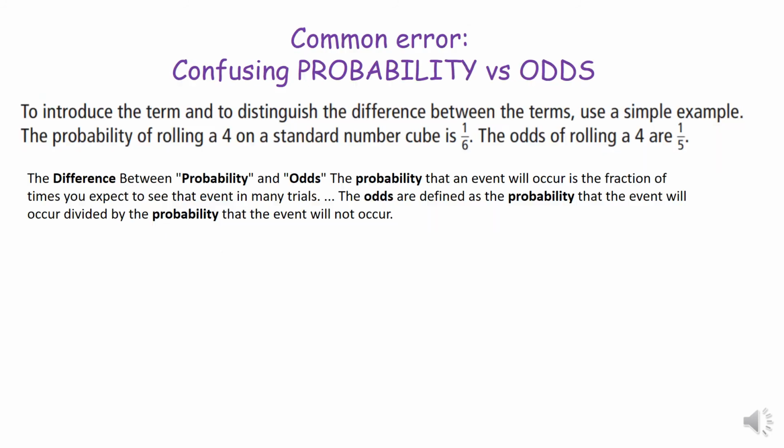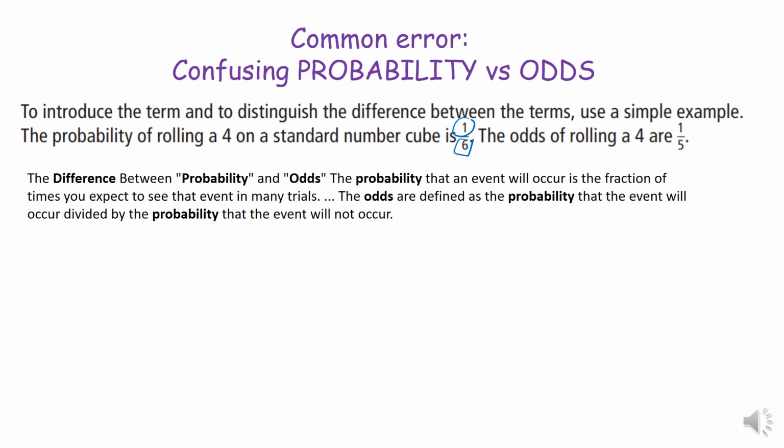Okay? All right, a common error, confusing probability versus odds. So I thought this was really important that you understand this. To introduce the term and to distinguish the difference between the terms, use a simple example. The probability of rolling a 4 on a standard number cube is 1 out of 6. Okay? So what that's telling you is it's one number out of 6 possible.